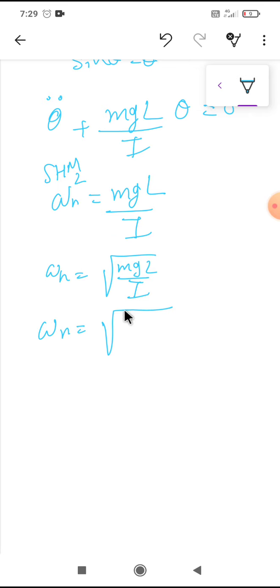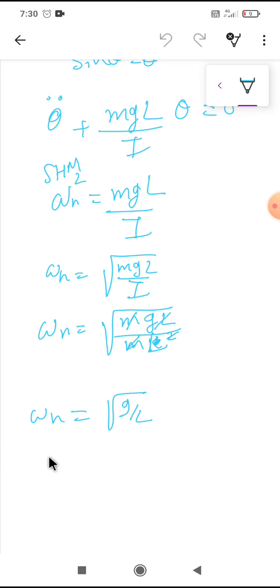So here k is nothing but l. So I can write it as mgl upon mk square, that is ml square. Here m gets cancelled, l gets cancelled. So omega n will be equal to under root g by l.